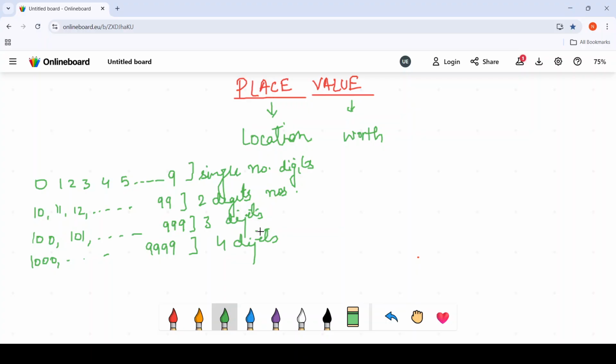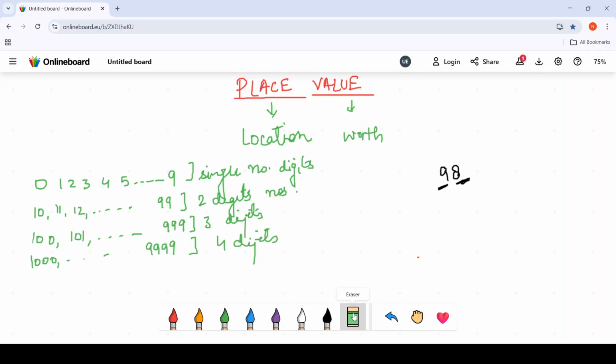I hope this is clear. All right, so when we say the location, the place, we actually mean the digit's location. Let's suppose we have the number 98. What is the place of digit 8 here? What is the place of digit 9 here? That's what place actually means.